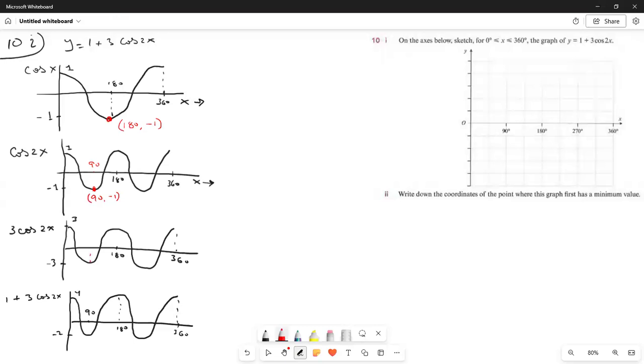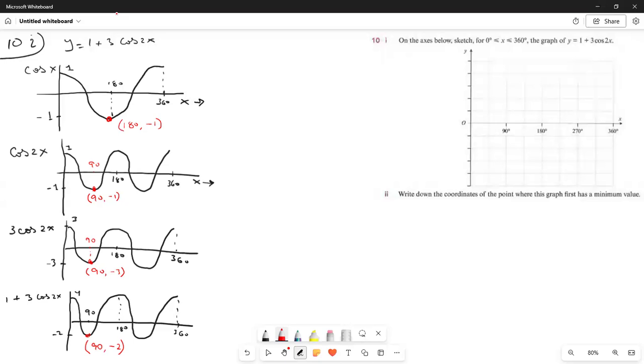Similarly, this point is again at 90 degrees. So this point corresponds to 90 and -3. And finally, this point is 90 and -2, because we have shifted this graph up by one unit.